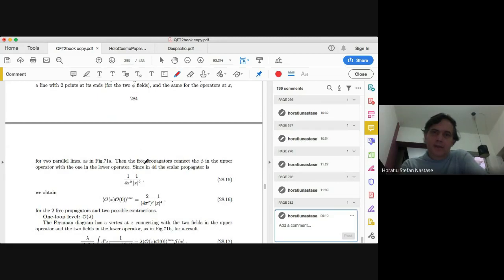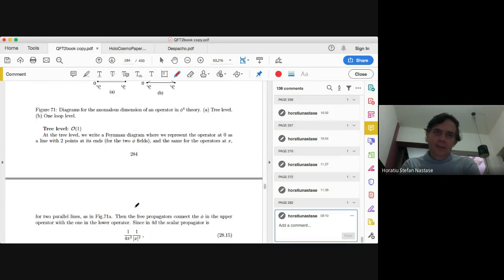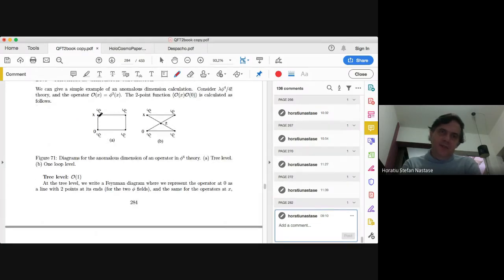And since the propagator in 4 dimensions is 1 over 4 pi squared times 1 over x squared, the tree-level 2-point function is, well, of course I have 2 fields at x and 2 fields at 0.